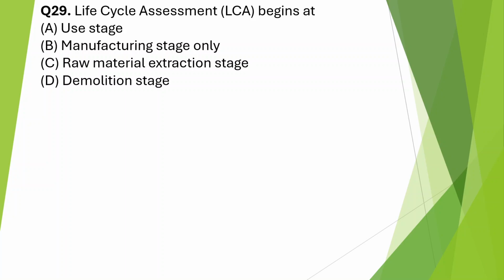If it is cradle to cradle, then the last stage will be recycling, and then again manufacturing, and all these things will be happening. That's why option C is the correct answer. All of you who have mentioned it can award yourselves full marks, and who have not mentioned it can award themselves 0 marks for this particular question number 29.